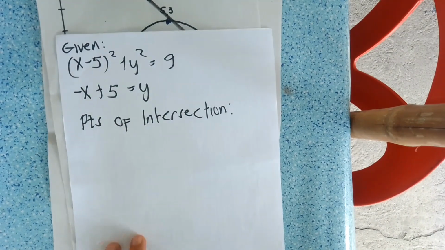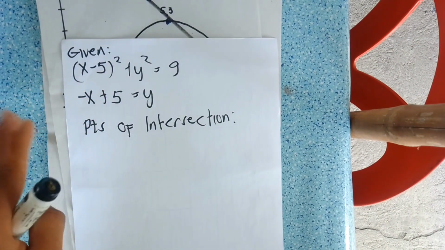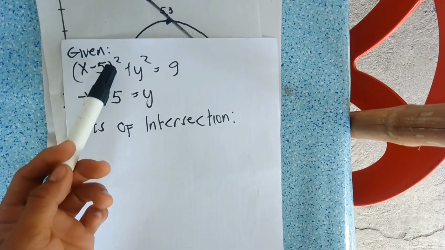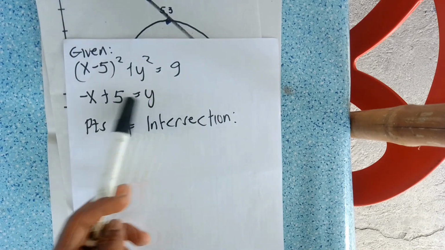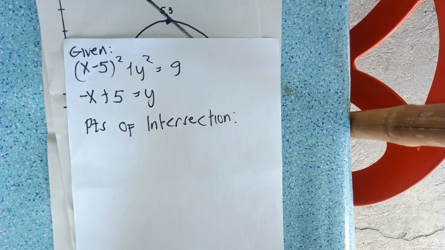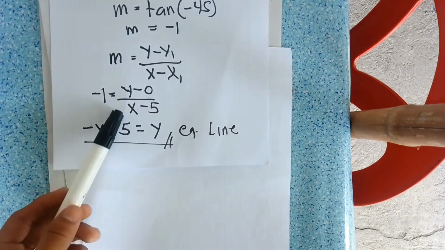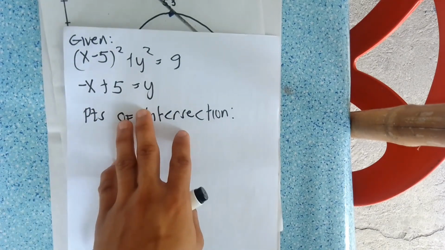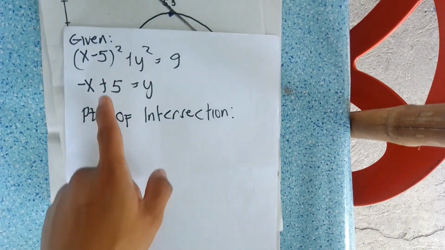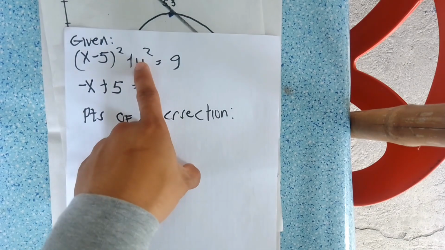Okay, so now back to our centroid. We're given x minus 5 quantity squared plus y squared is equal to 9, the equation of the circle, and this line y is equal to negative x plus 5. So here we solve this system of equations. Now let's find the point of intersection. For the point of intersection, just simply equate the y of the line and the y of the circle.